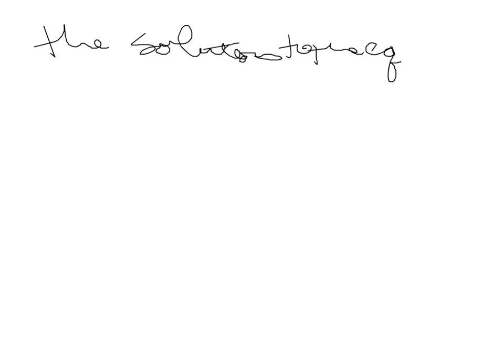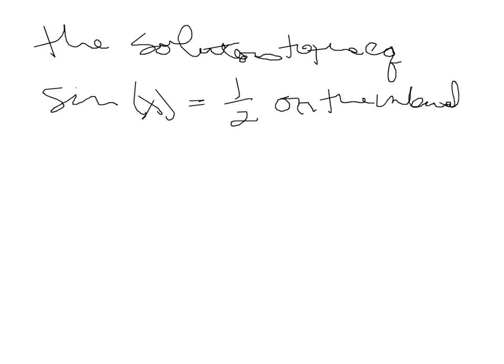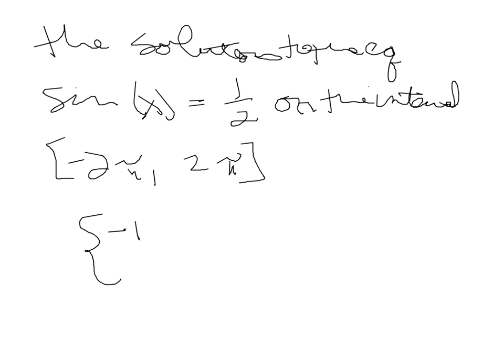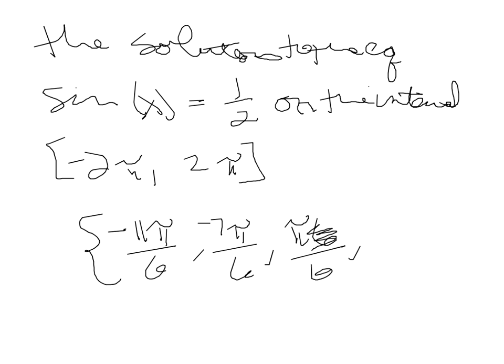So finally, interpreting this, your solutions to the equation sine x equals 1/2 on the interval minus 2 pi to 2 pi is minus 11 pi over 6, minus 7 pi over 6, pi over 6, and 5 pi over 6.